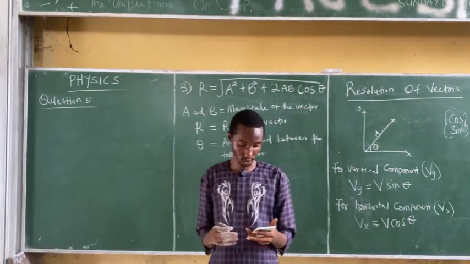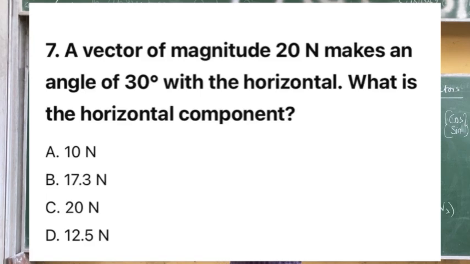Question 7 says, a vector of magnitude 20 newtons makes an angle of 30 degrees with the horizontal. What is the horizontal component?